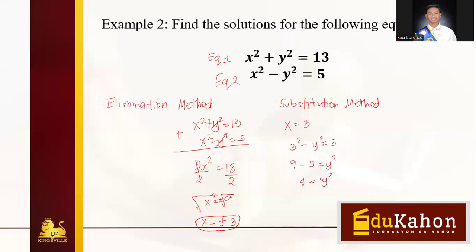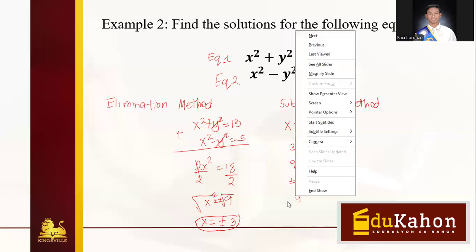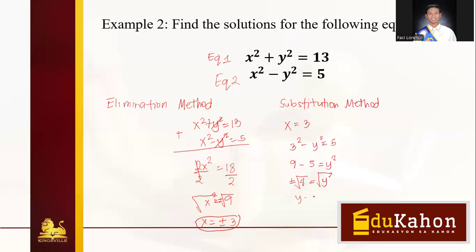If we get the square root of 4, we will have two possible values for y, which is y equal to positive or negative 2. So if x is equal to 3, we have two possible values for y, positive or negative 2.